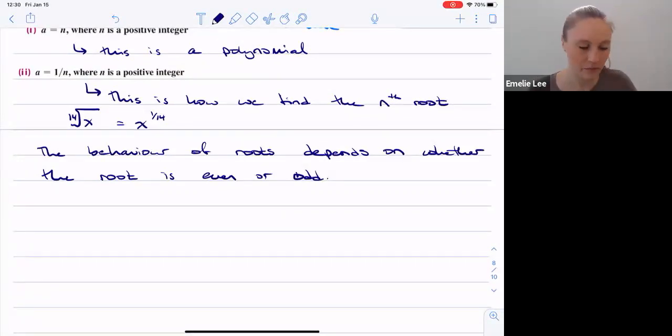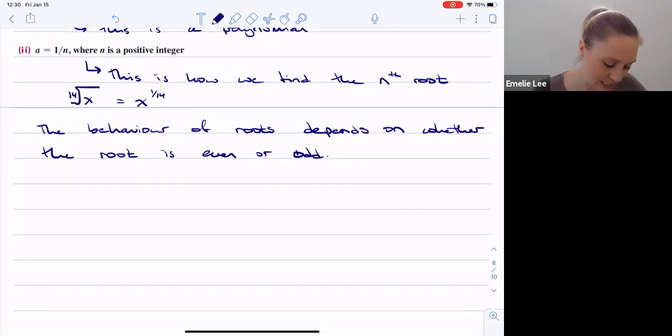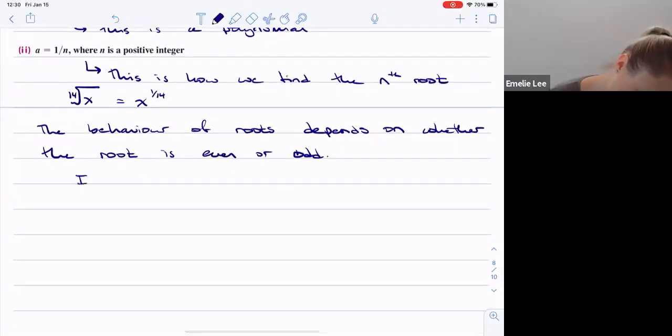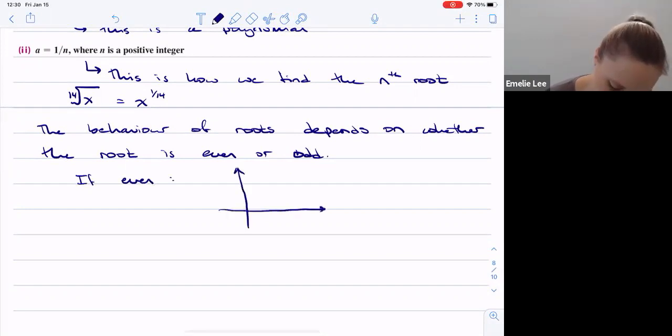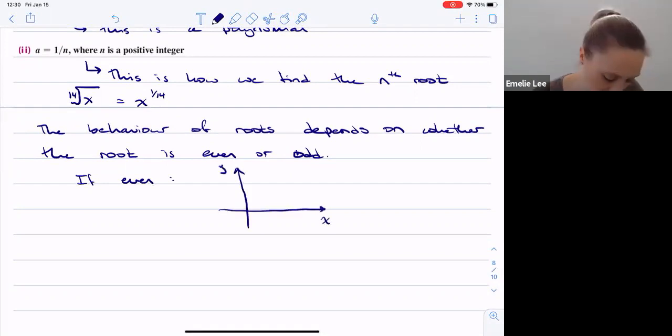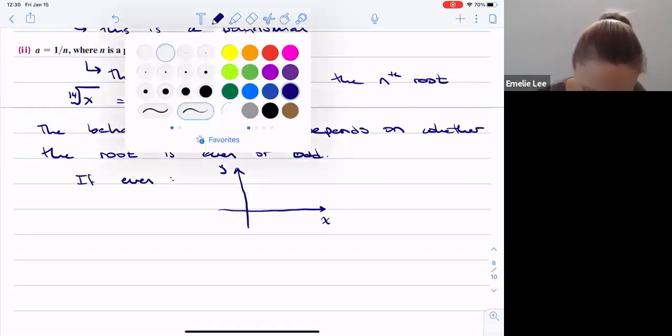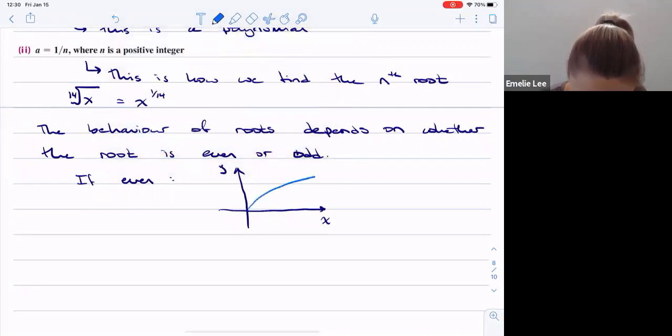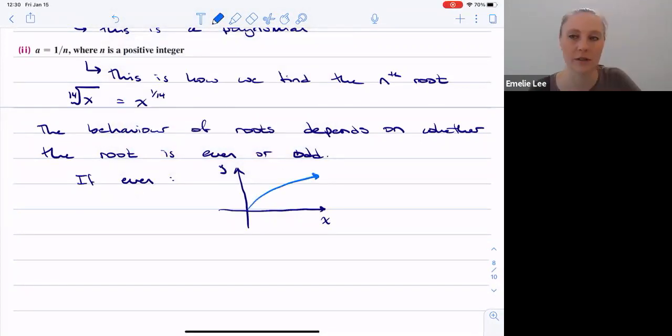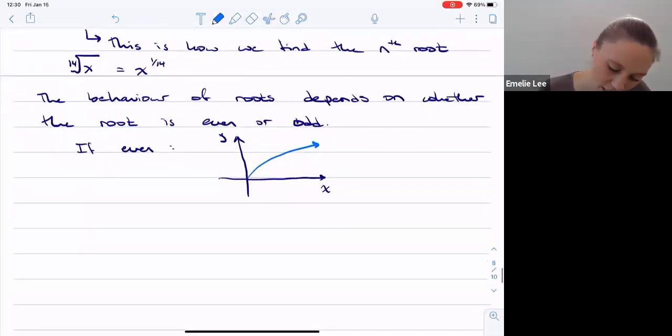Okay. So if it's even, then you get this kind of behavior, right? So you've got x and your y, then you get that kind of behavior, right? The root of x, and it changes a little bit depending on how high the power is, right? Or how large the root is, I should say.